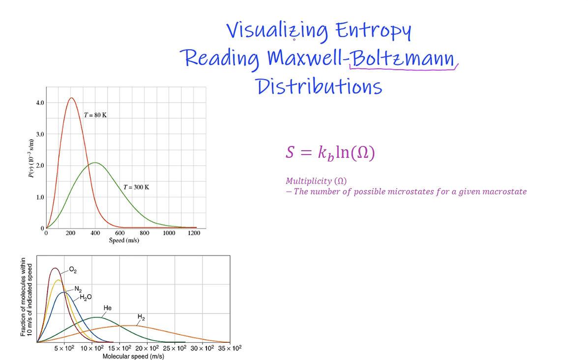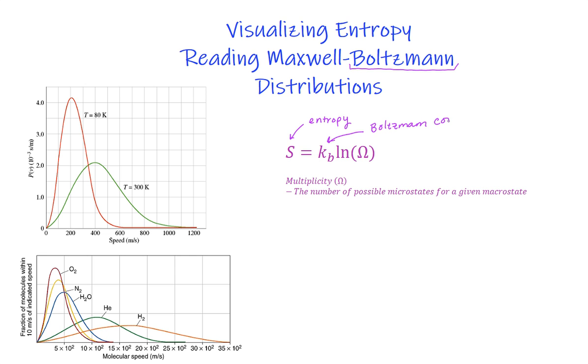So first of all, I have the Boltzmann definition of entropy up here in the standard equation form. And remember that S stands for entropy. And this is a measurable quantity that's actually very practical, as you'll see in later videos. This term over here is the Boltzmann constant.